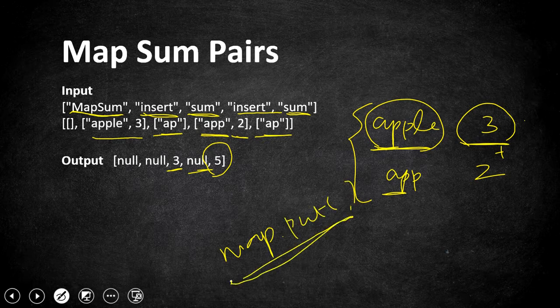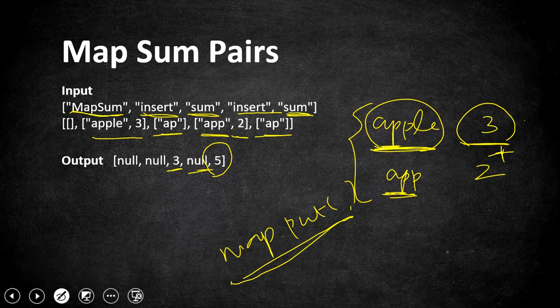So how do we sum it? Every time we encounter a prefix, we are going to iterate over all the keys in our map and check whether each one starts with that particular prefix or not. If it matches, then we keep adding those values for whichever keys match the prefix.